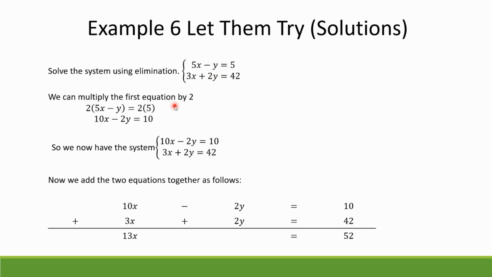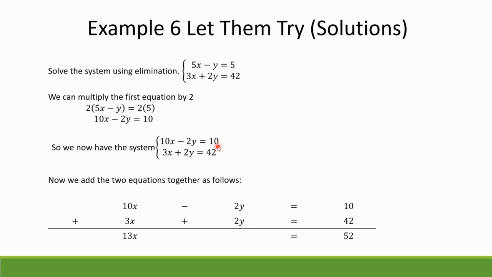So we have 2 times 5x minus y equals 2 times 5. So 10 times x minus 2 times y, equal to 2 times 5, which is 10. So we have this new first equation, and we have this system to solve.